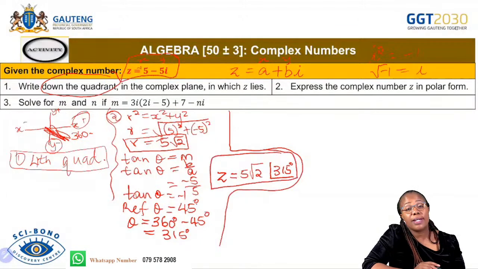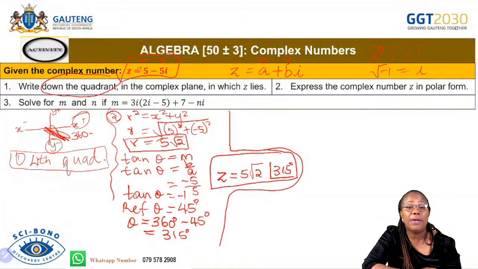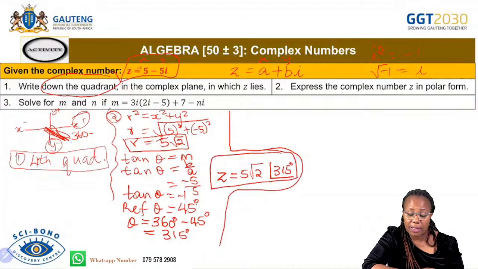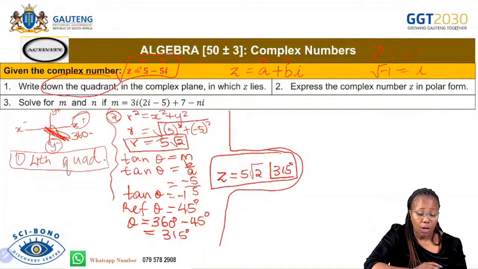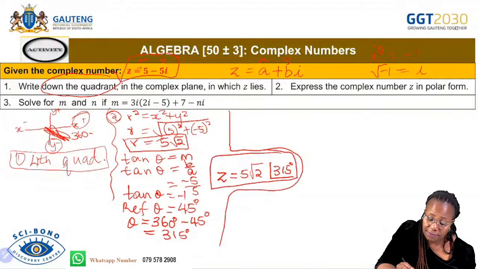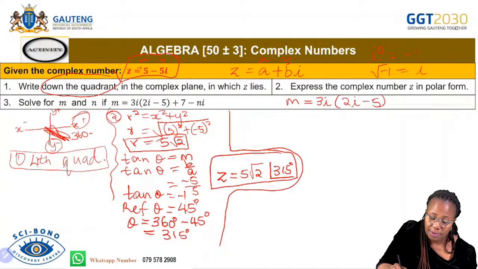And then number 3, we are solving for m and n, a simultaneous equation involving complex numbers now. So now the equation that is given to us here is m is equal to 3i into 2i minus 5 plus 7 minus ni.